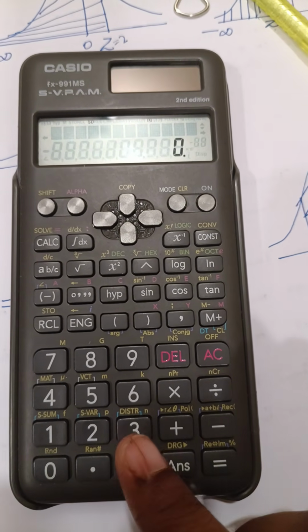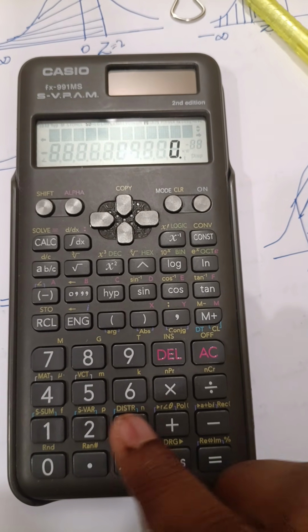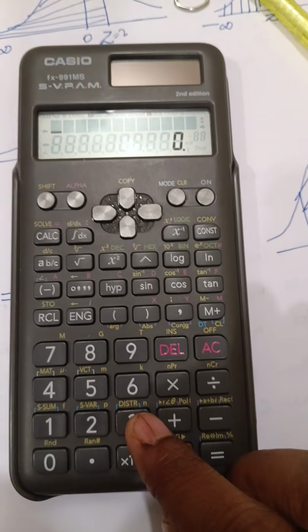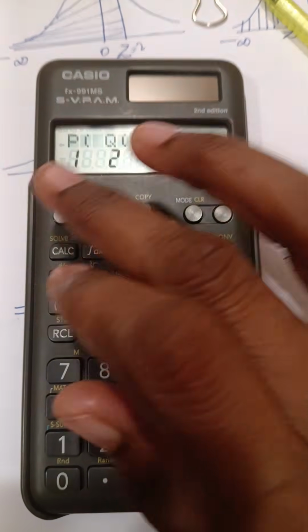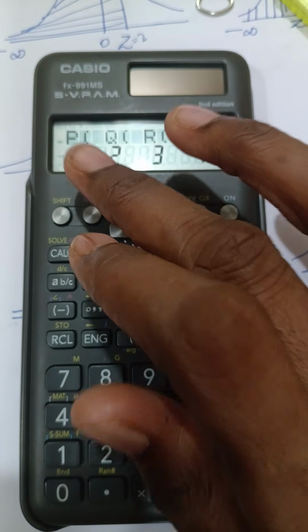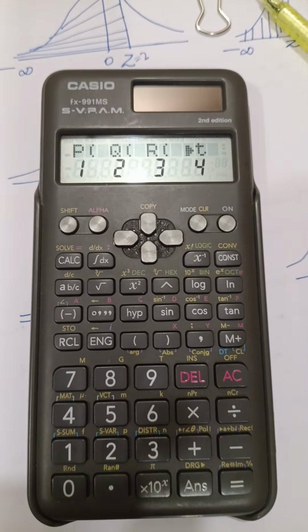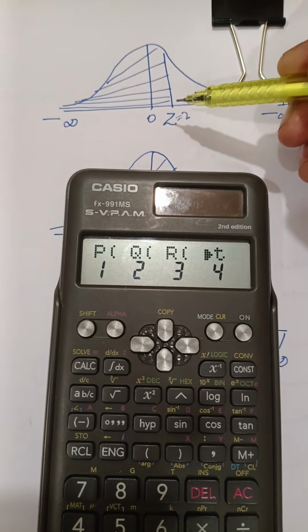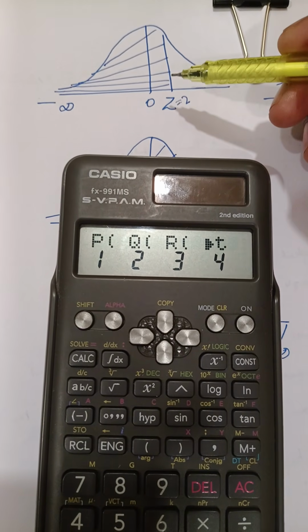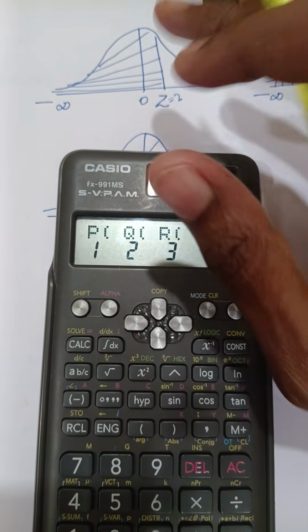Now you can see above the button 3 there is a function DISTR, that is for distribution. So press shift then button 3. This P of indicates probability of area under the standard normal curve from minus infinity to Z. If you want to find the area under the probability curve from minus infinity to Z, you can just press number 1 and type the number, whether it is positive or negative.